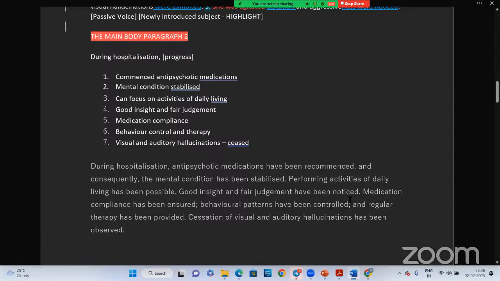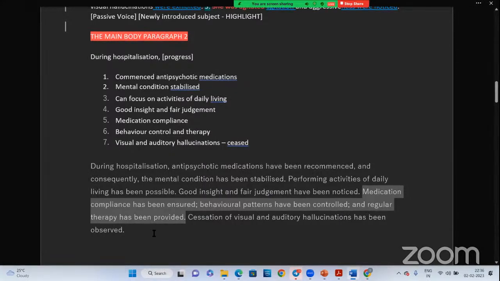So these are listed. Three different sentences joined into one sentence using listing.